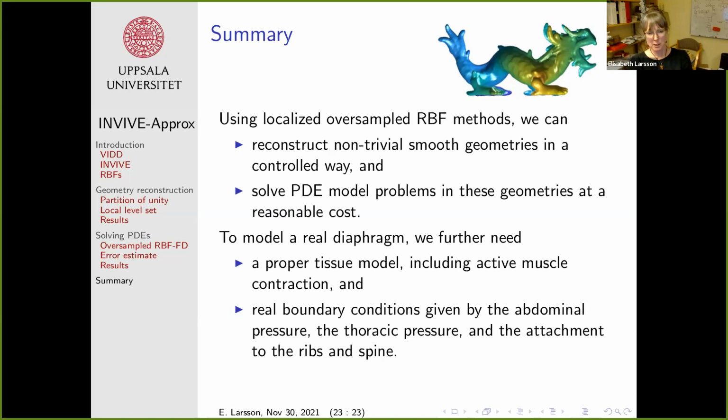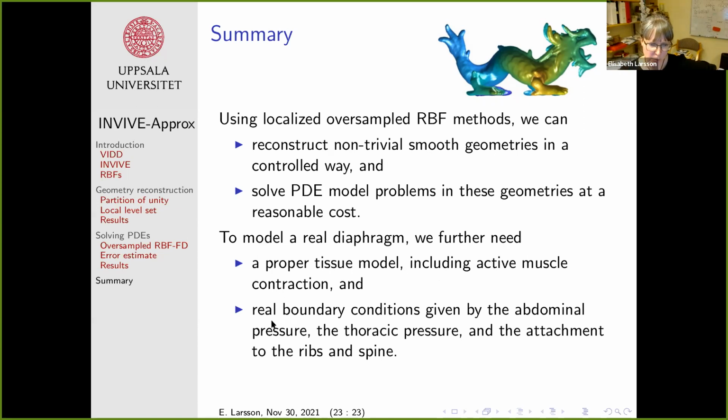We have to use data, we have to use experimental results and so on to try to figure this out using our validation information. It has to have active muscle contraction, so this has to be part of the model, which makes it extra nonlinear, because it's probably nonlinear in any case due to the tissue model.